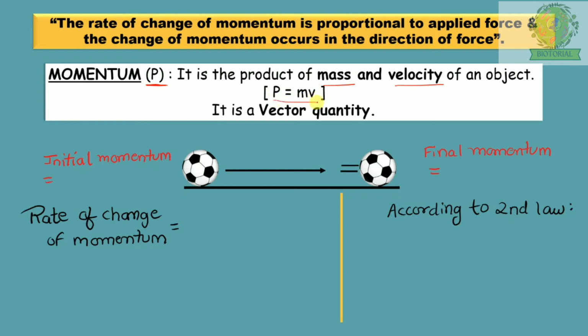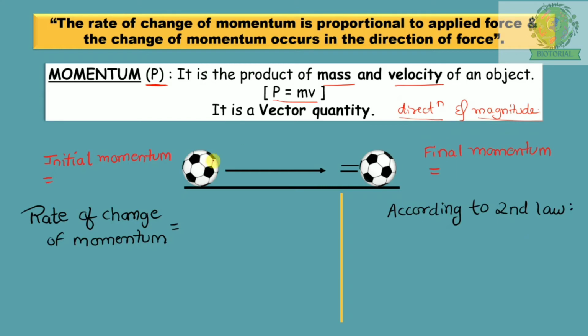Okay, so we see that momentum is a vector quantity. What does that mean? Vector quantity means that it has direction as well as magnitude. Okay, so we can say that momentum is vector quantity. Why? Because it has direction and magnitude.